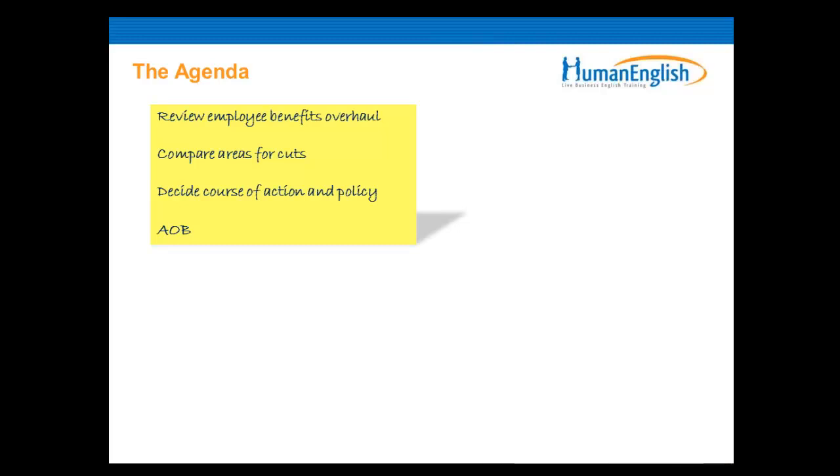Can anybody remember what AOB means? We usually see this in a meeting. You can often find AOB on the agenda, and it can also be said by the chairperson at the end of a meeting.